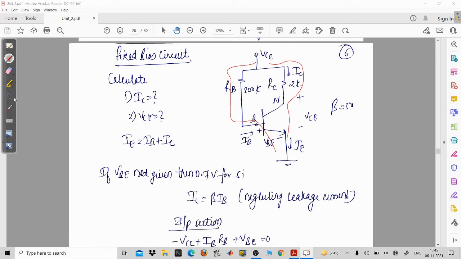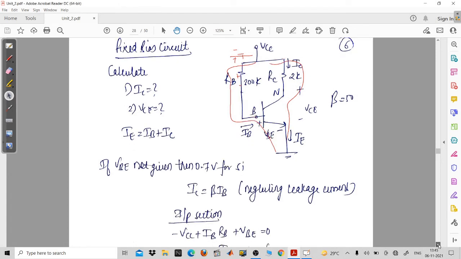When applying the KVL in the input port, we get minus VCC, because you can replace the small circle by this terminal, that is minus to plus. Then again you have plus to minus, so minus VCC plus IB into RB plus VBE.